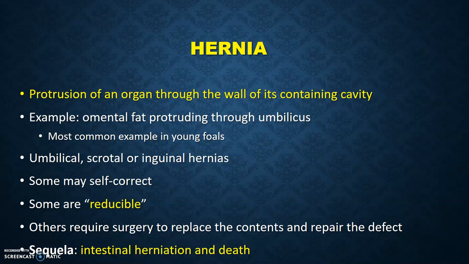You can usually see these pretty quickly. A lot of foals don't even have descended testicles at birth, and all of a sudden they'll have a very full scrotal sac or a lump in their inguinal region, right on the inside of their hind legs. Some of these, if they're small, may self-correct. The fat will just get sucked back into the body, and the hernia can close.